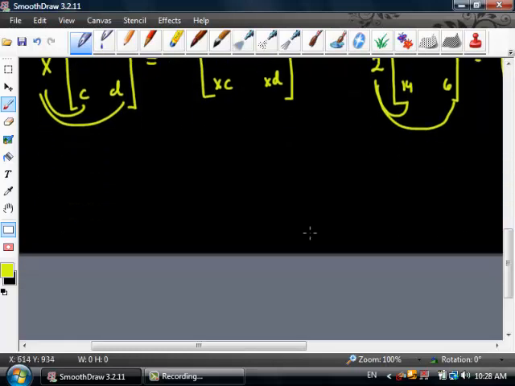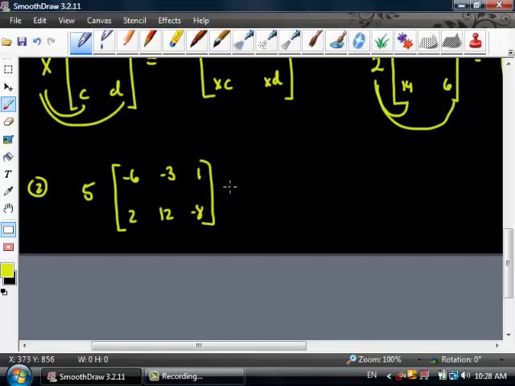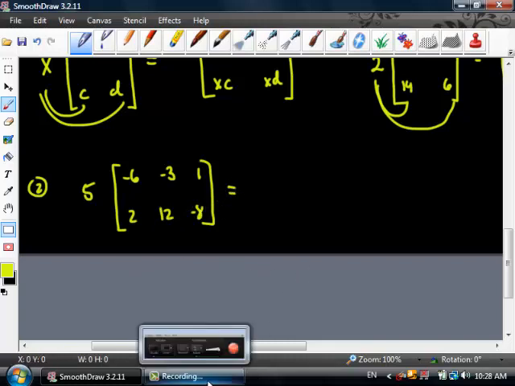I'm going to give you guys one to do on your own here. Number 2, 5, negative 6, negative 3, 1, 2, 12, negative 8. I want you guys to tell me what the matrix is and then label the matrix. So tell me what its dimensions are.